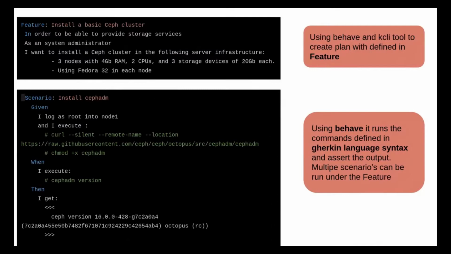Then there will be multiple scenarios like these, defined in Gherkin language, where we execute these commands and assert that we get these specific outputs. As you can see, it is much simpler to define a test case, and it will be easy to assess what kind of output we get.